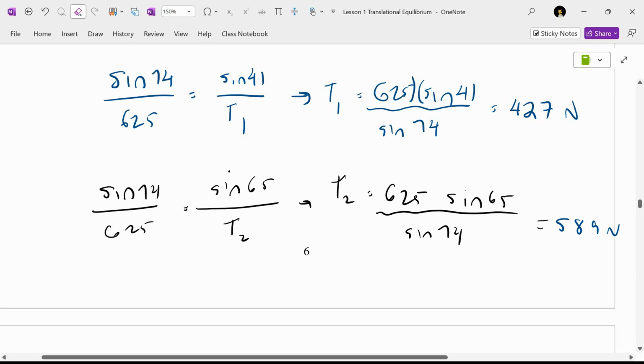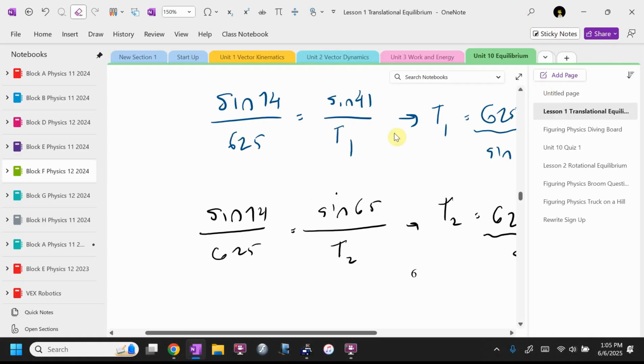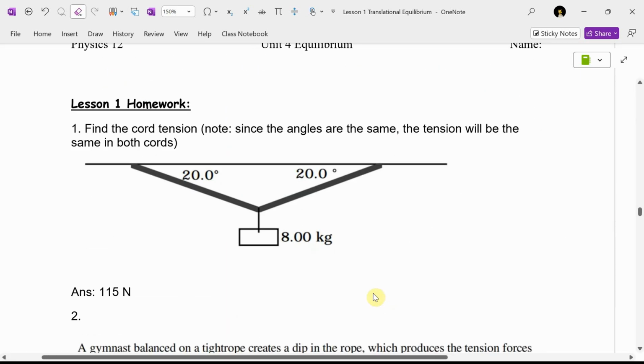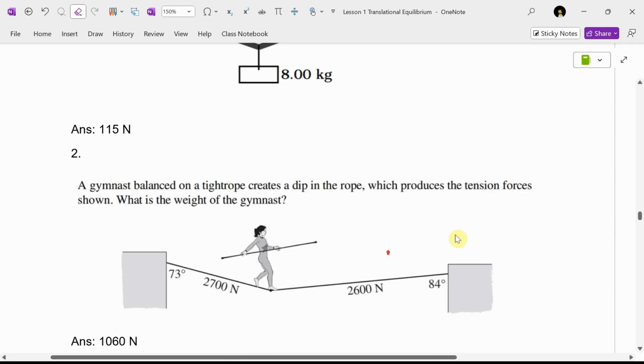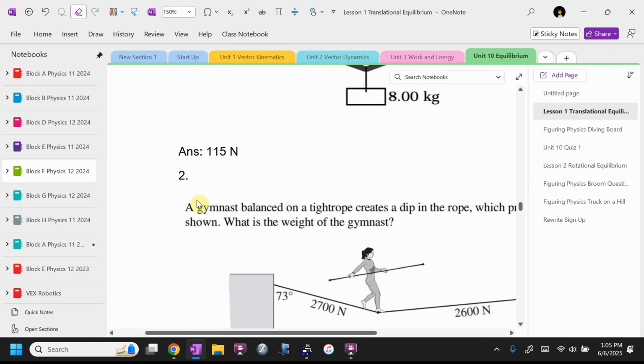What's your homework? On my computer. Oh, it's the wrong one.